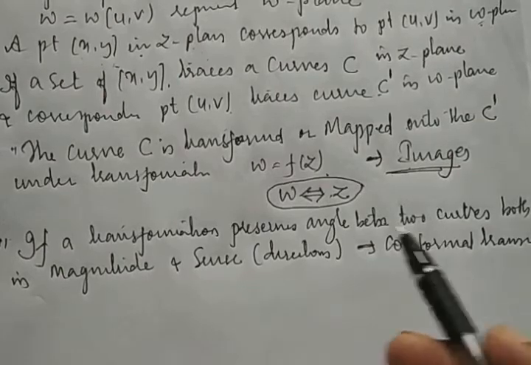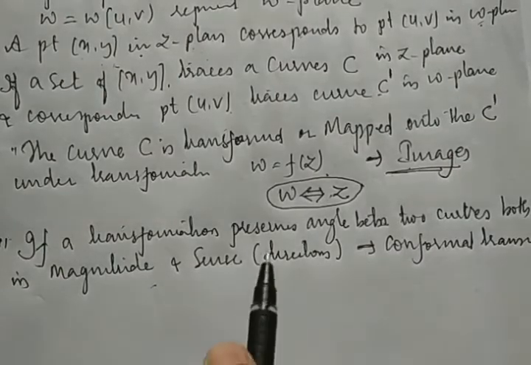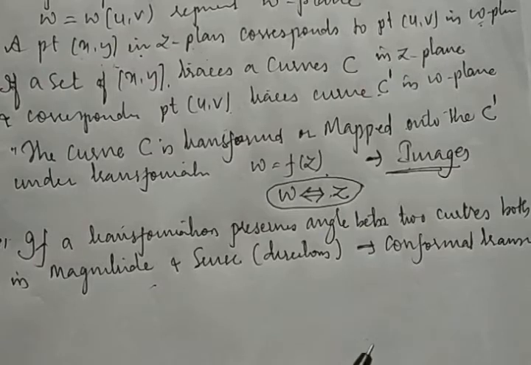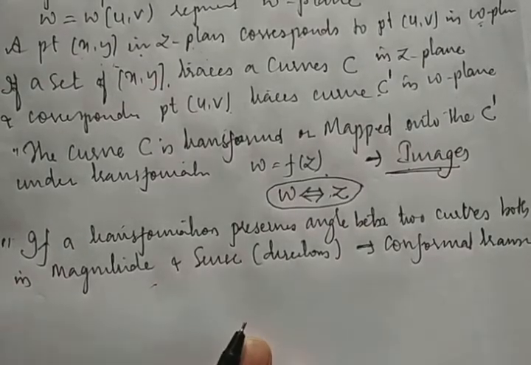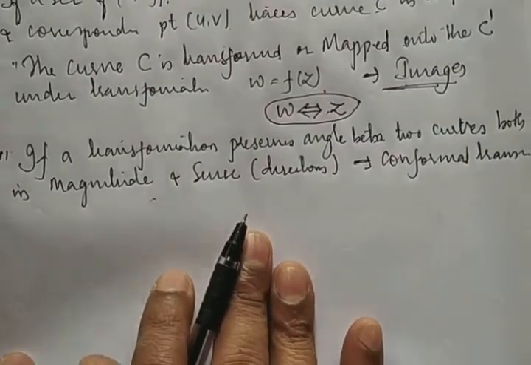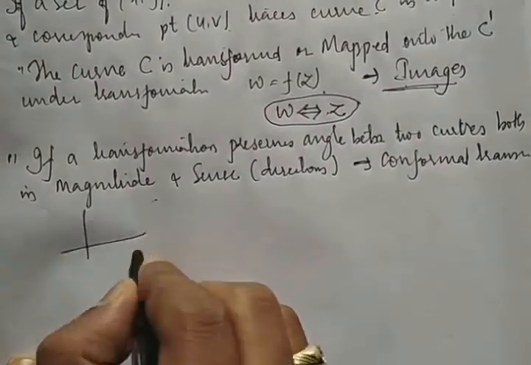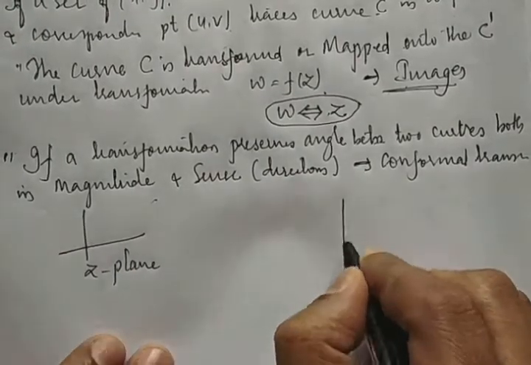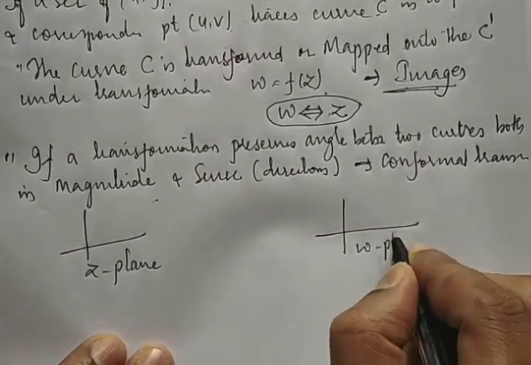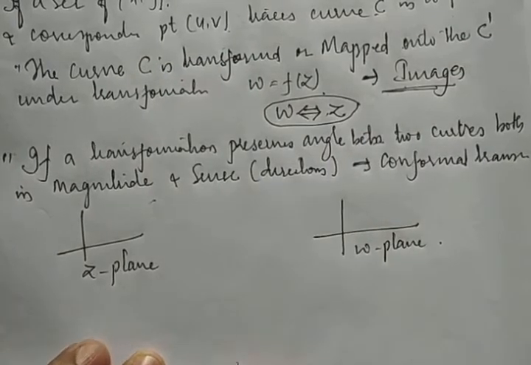For example, suppose we draw a curve. I take this as the Z plane and this as the omega plane.